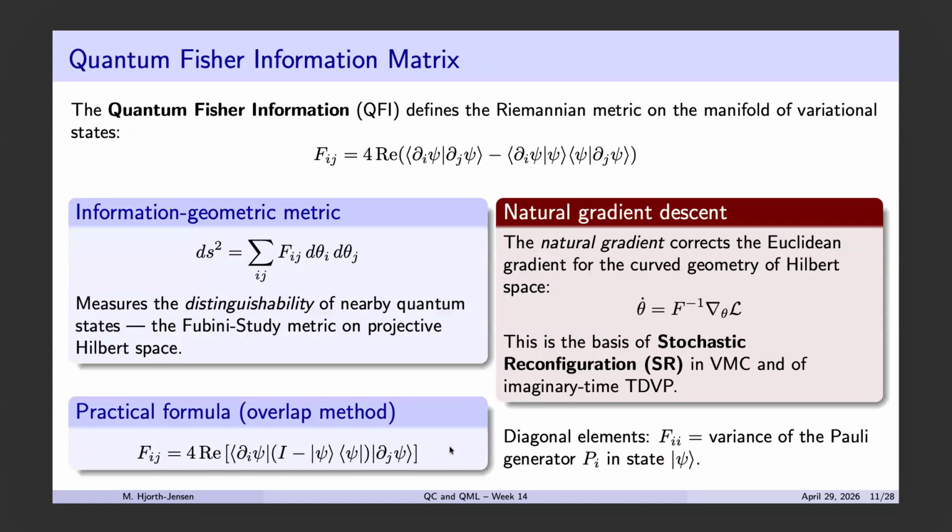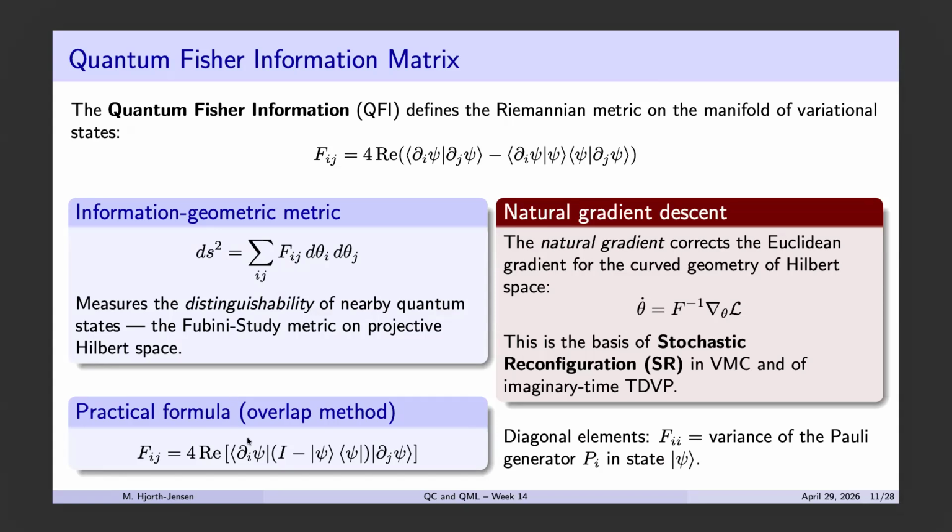I may skip this one and come back to it next week. What I want to do now is give you the general overview. And next week, we will say a little bit more about the quantum Fisher information. This is a typical metric which is actually used on this manifold of variational states. It typically measures the distinguishability of nearby quantum states.